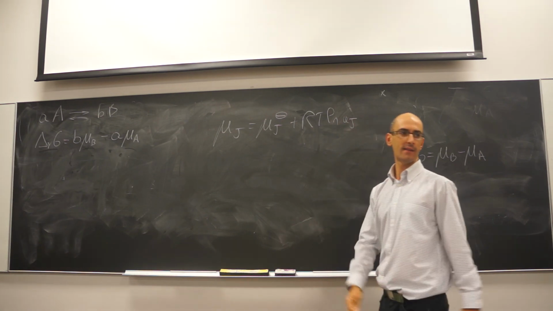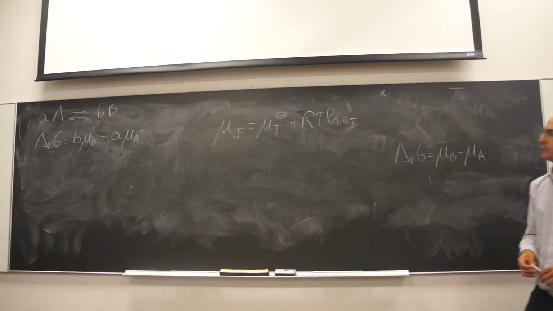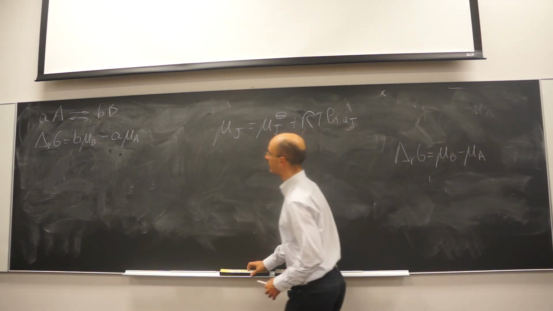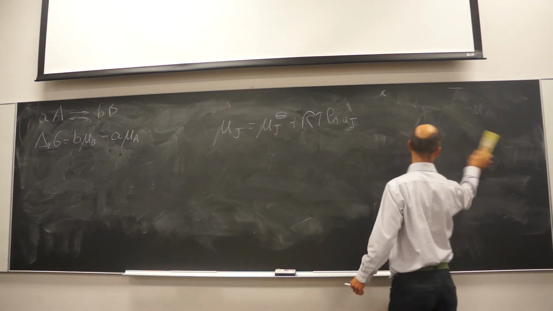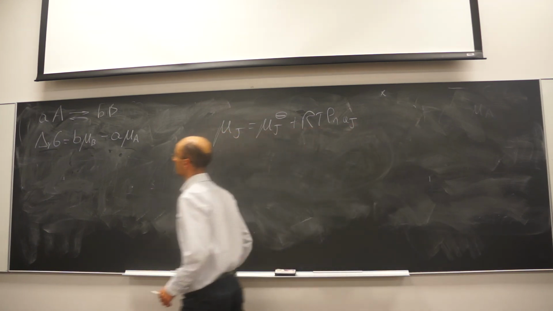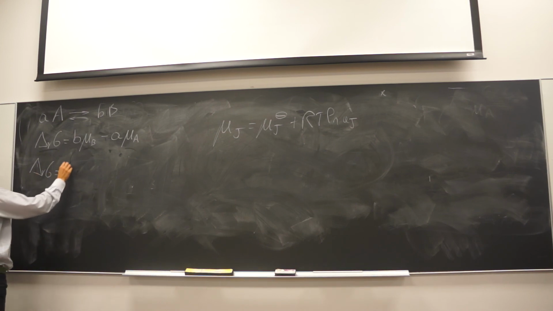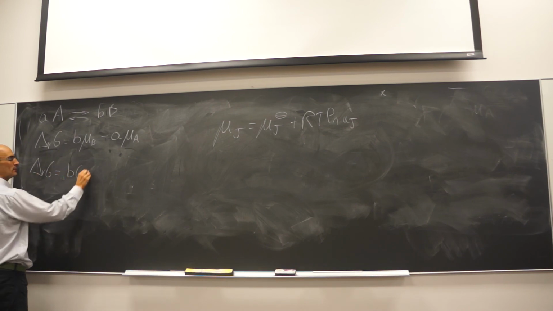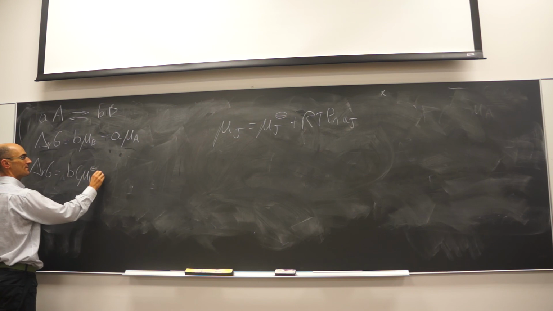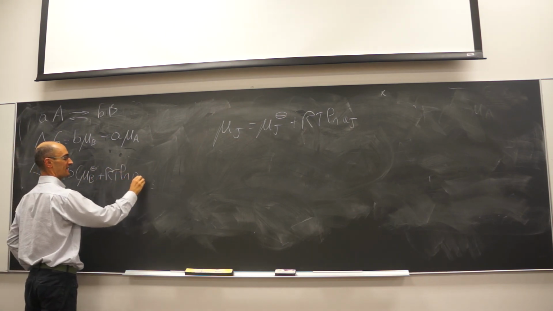We know that, and that's the reason we were working so hard in chapter 3 to do all this. Okay? Now we can use that to continue with this work right here. All right, so let's see how this goes on. Delta rG in that case is going to be equal to b times the chemical potential of B at the reference state plus RT natural log of the activity of B.